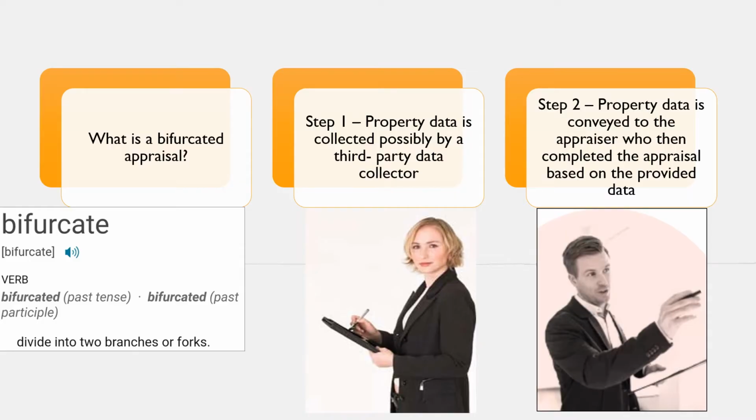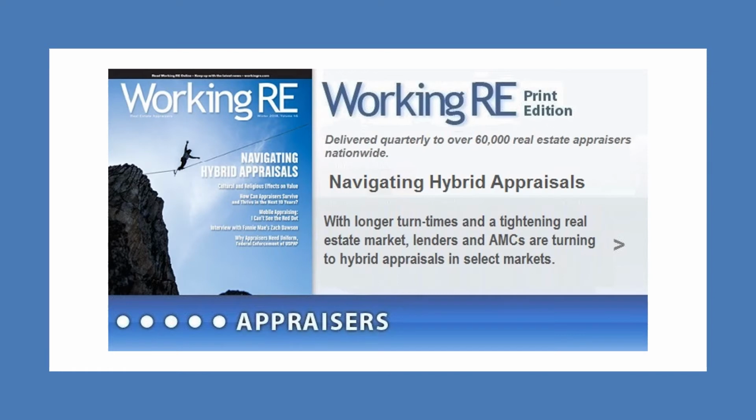So step one is that the property data is collected, possibly by a third-party data collector, possibly by an appraiser. The information is then analyzed, and ultimately, if an appraisal is required, is conveyed to the appraiser, who then completes a desktop appraisal. The objective of having the process split into two pieces and having the data collection taking place at the beginning is to speed up the process.